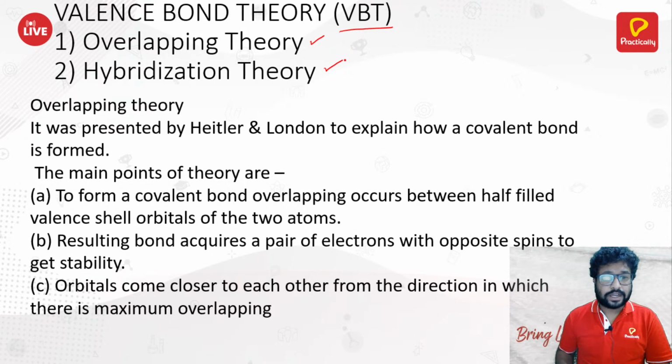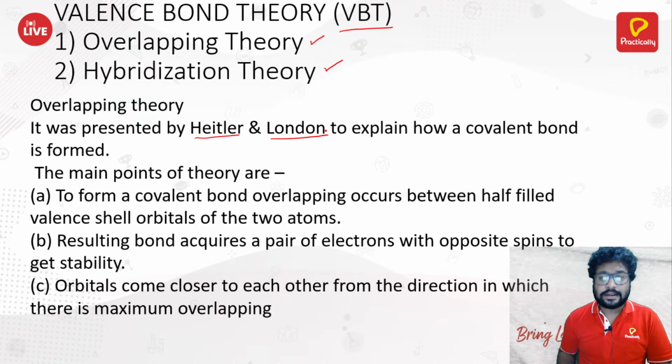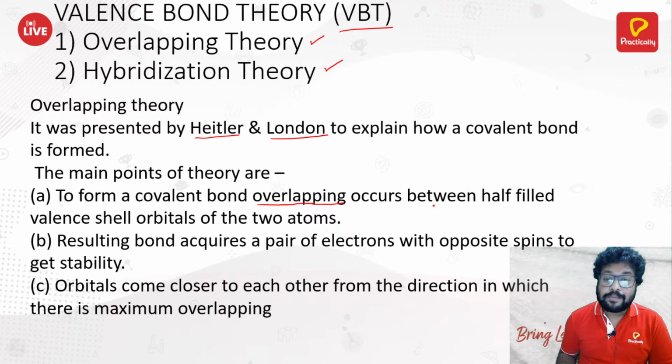What is overlapping theory? It was presented by Heitler and London. Not the Hitler you are thinking, it is not the German Hitler. It was presented by Heitler and London to explain how a covalent bond is formed. The main points of the theory are, to form a covalent bond, overlapping occurs between half-filled valence shell orbitals of two atoms.